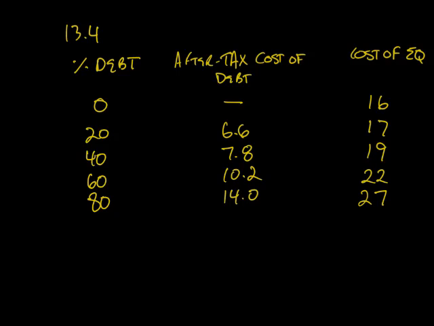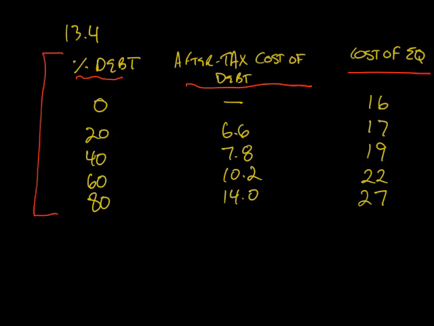Okay, so for 13.4, there is a nice hint given in the textbook on what you have to do. You're given this grid of the percentage of debt within their capital structure. The one little trick is that the after-tax cost of debt is given to you. It's a good little trick because it will save you some steps. And then we have the cost of equity in there.